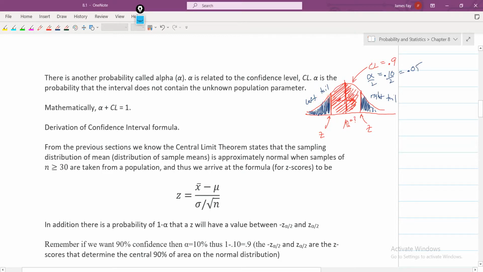So this area right here, this real dark blue area, is 0.05. And it is marked, a demarcation line here, by this z-score. So that z-score is attached to that 0.05. We call it z sub alpha over 2, which is essentially attaching this 0.05.